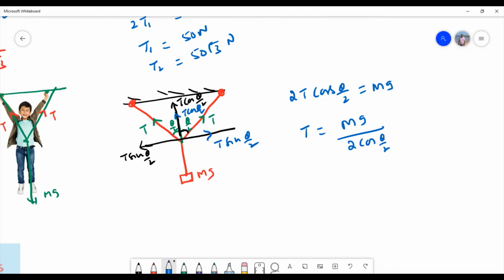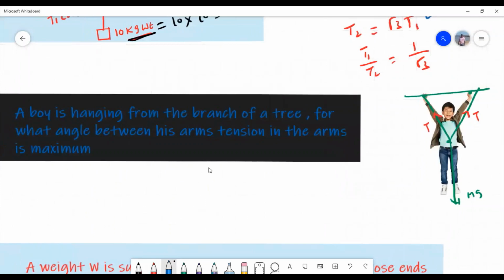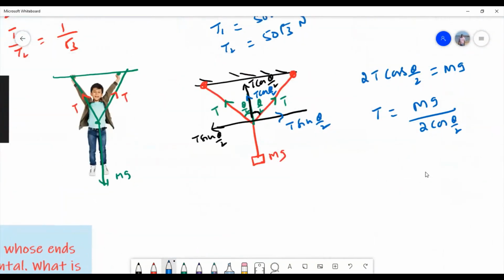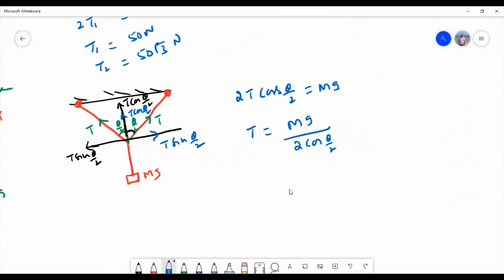Now what is the question asking? For what value of theta, the angle between his arms, is the tension in the arms maximum? When the tension is maximum, let us see. Here we need to understand an important point. T is maximum if the entire denominator is minimum.